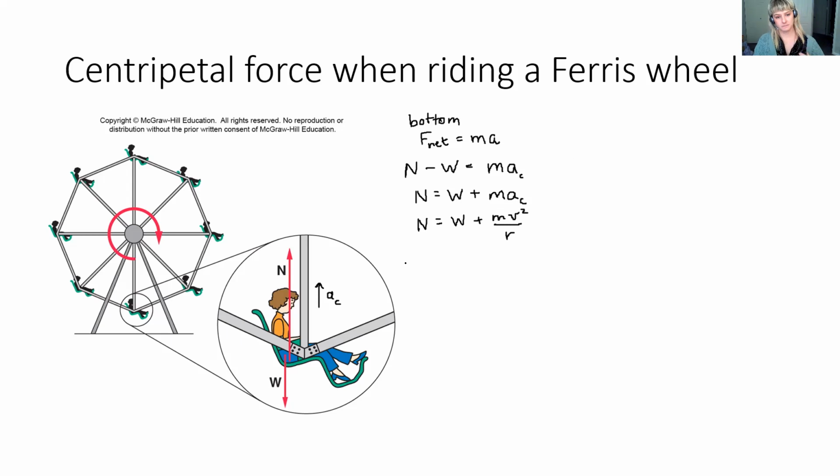So at the bottom, the normal force that you experience from the seat acting on your body has to take into account not only your weight, but also the fact that you are experiencing an acceleration pointing towards the center of the circle. So at the bottom, you're going to feel heavier because what you feel is actually the seat pushing into your body, that normal force. And so if the normal force is greater than your weight, you're going to feel heavier.